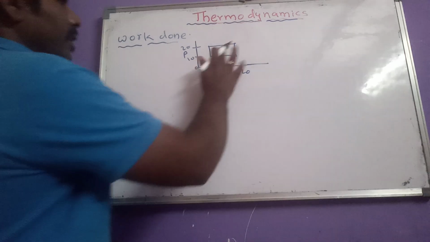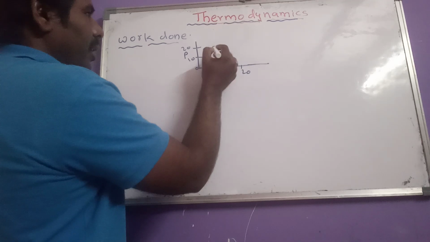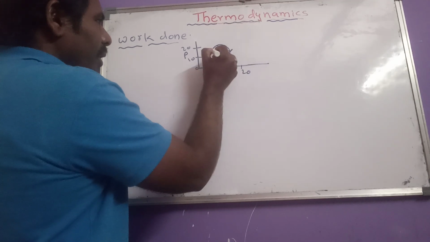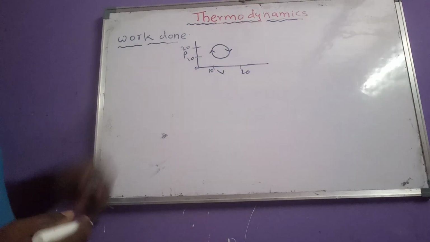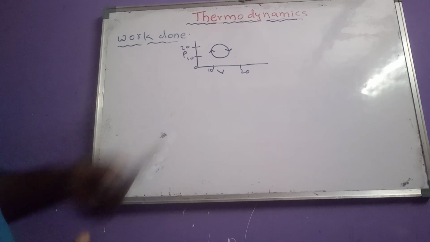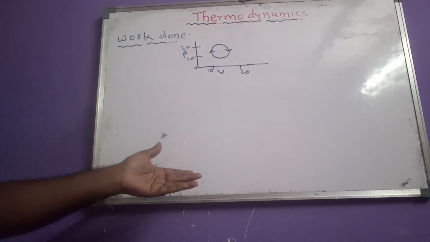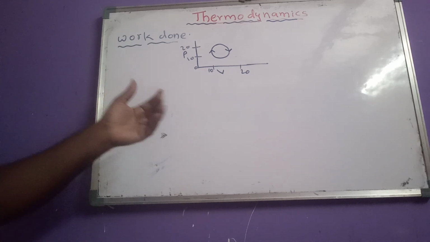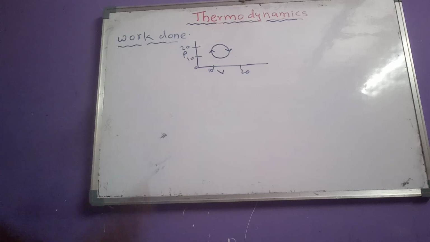Now sometimes they may give a circle or a square or rectangle, whatever it may be. But if they have given a direction like clockwise, now the question is, this graph indicates what? Options they give: work done by the system, work done on the system, no work is done on the system, no work is done by the system, like that.